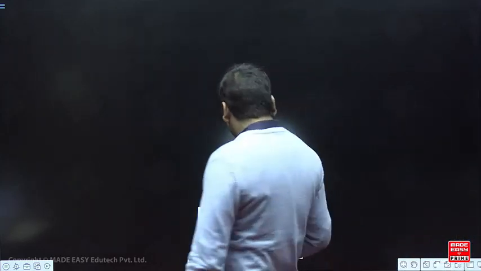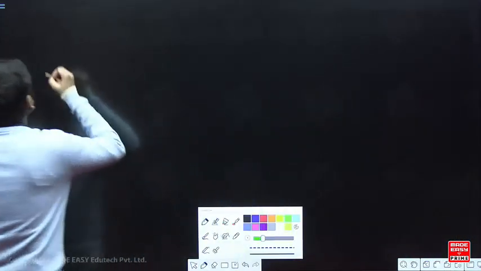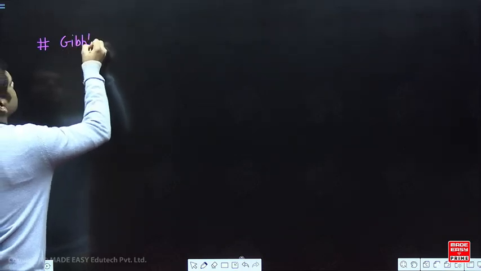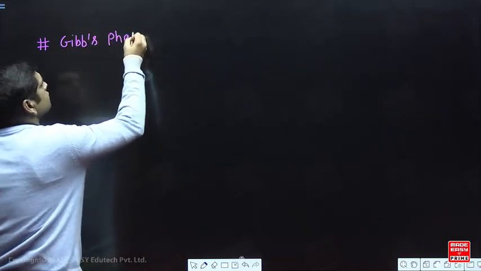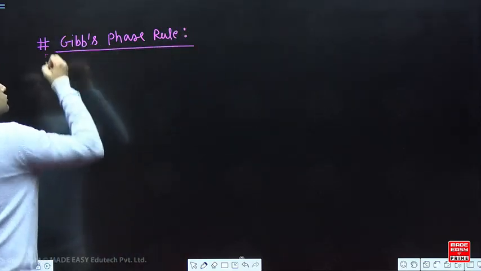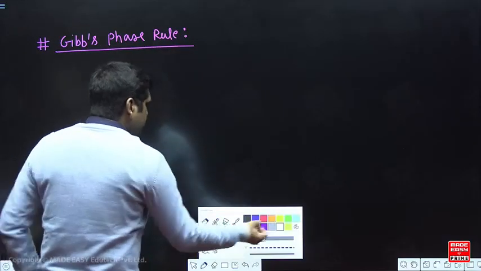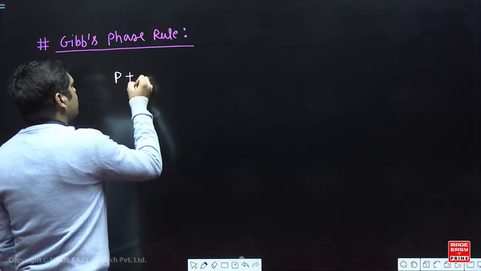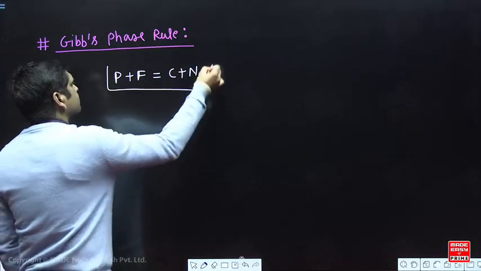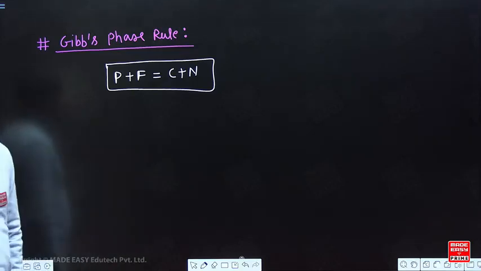Let's talk about Gibbs phase rule. It says that P plus F is equal to C plus N. This is the Gibbs phase rule.